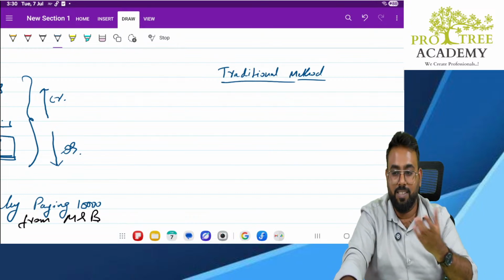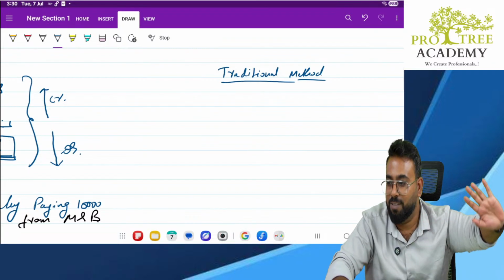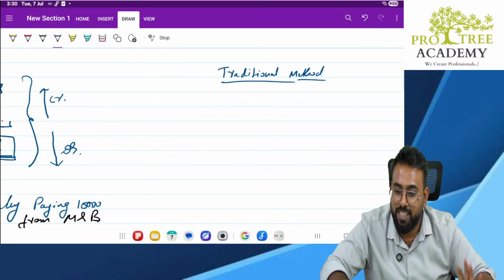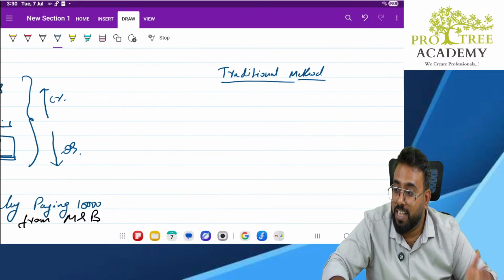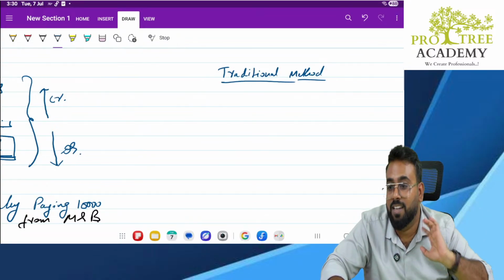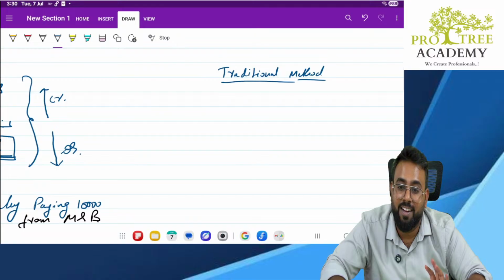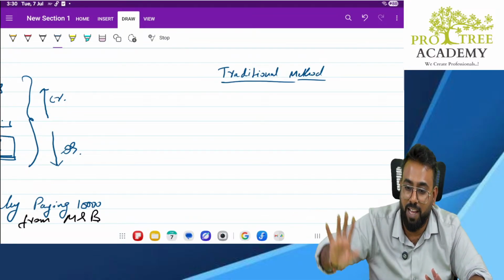I know whoever has joined from a commerce background says, no sir, we are very good with the traditional method of accounting. My question is, in exams you will have a lot of stress and tension. You don't know whether to classify under real, nominal, or personal. Correct or no? It is troublesome. So that is why follow simple assets, expense, income, liability.